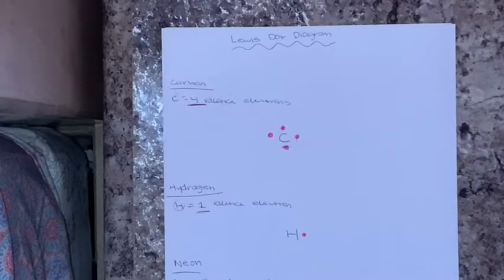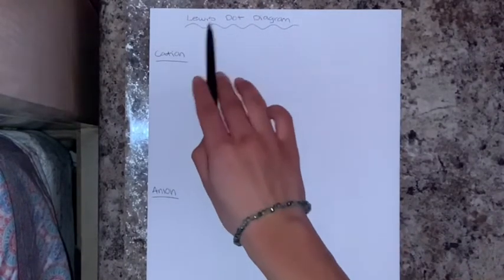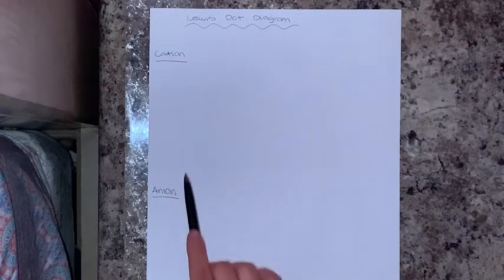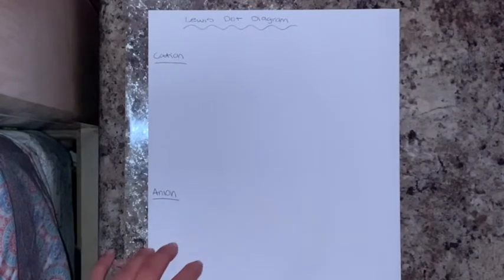And so now we have 3 examples of Lewis dot diagram. Now we're going to be doing two examples of Lewis dot diagram for a cation and an anion. We are going to be doing a cation first, working with the element sodium.